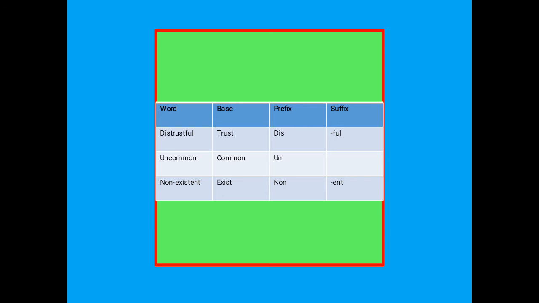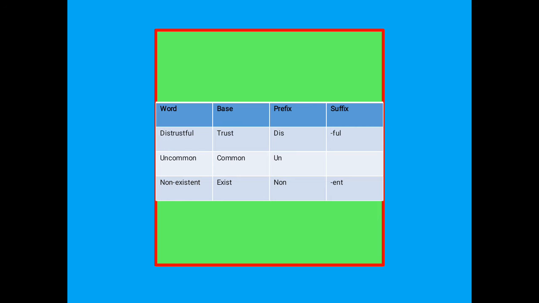So the one attached to the base is the stem. In other words, we can say a base is the free morpheme, while the bound morpheme is the stem.